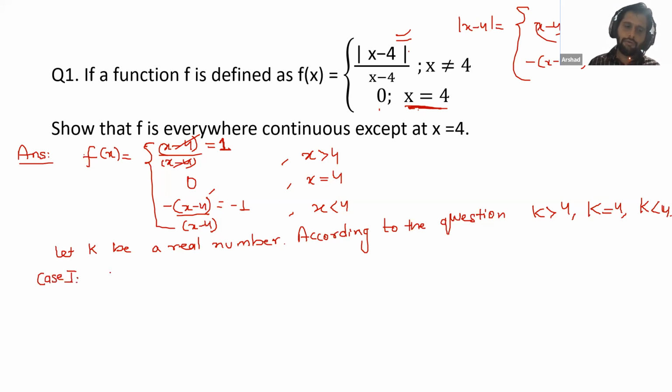Case 1, when k is greater than 4. When k is greater than 4, we will calculate the limit as x tends to k of f(x). Abdul, can you tell me, when k is greater than 4 and we have to find the limit, which function we will use: first, second, or third?